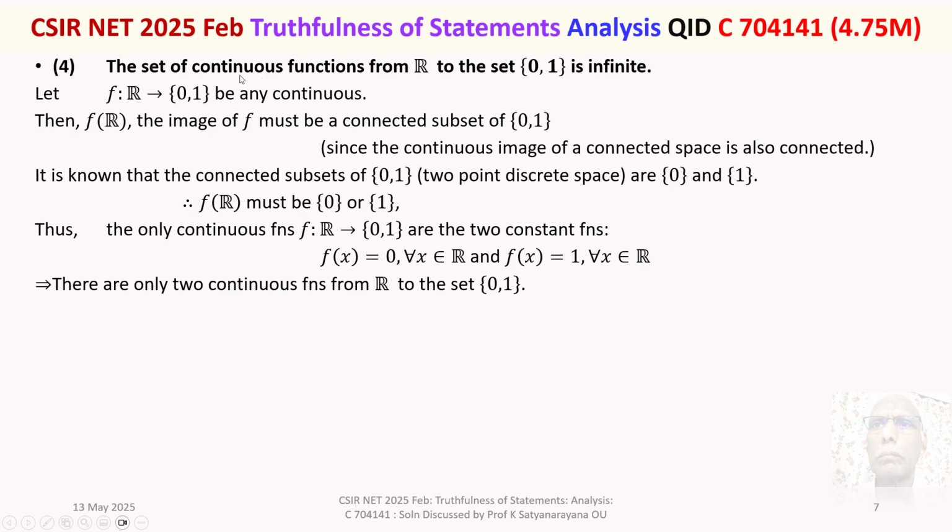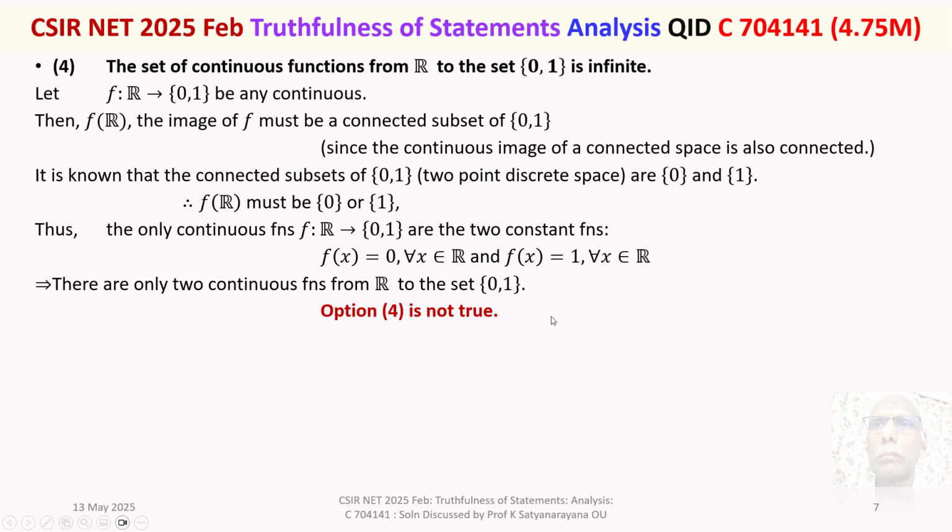But the option says this set is infinite. It is not infinite, it is finite, and more precisely, there are only two continuous functions. Therefore, option 4 is not true.